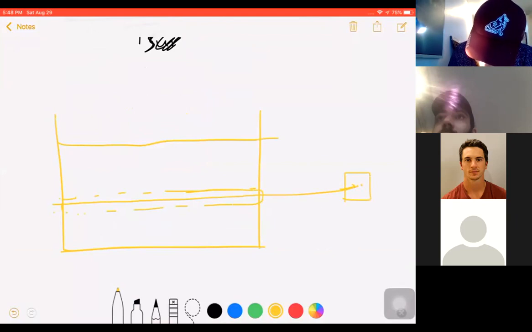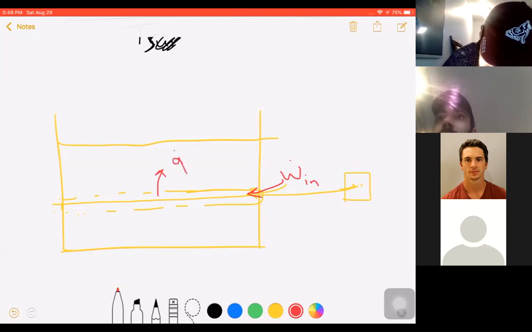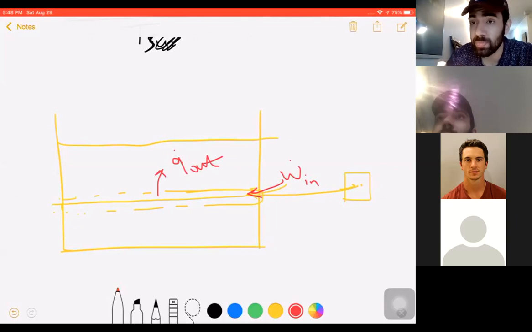In the boundaries of this wire, you have an input, which is coming from the power, and the other is the Q dot out, which is being transferred out to your medium. That is equal to the convection term here.